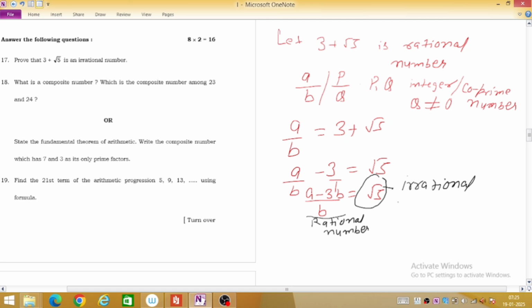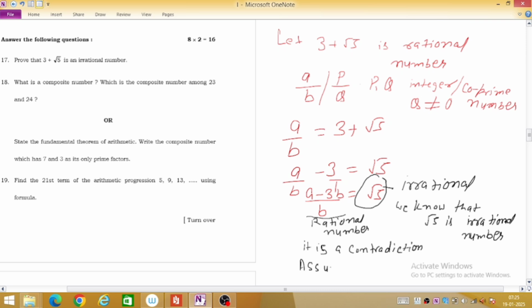Then here you write: we know that root 5 is an irrational number. Then how is it possible for an irrational number and a rational number to be equal? Then it is a contradiction. It means your assumption is false.